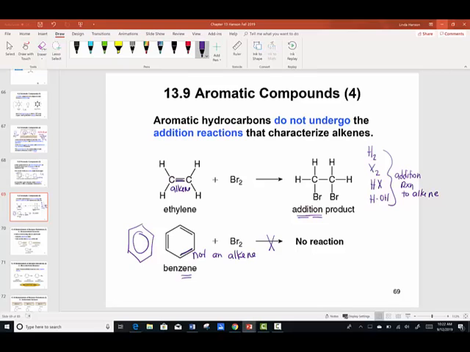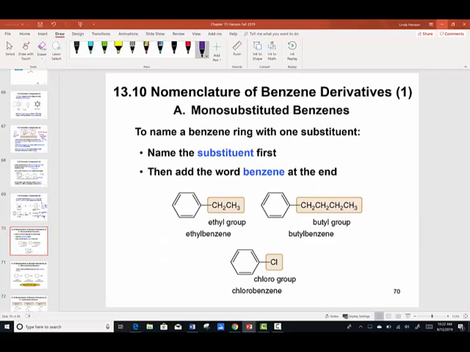Now in a moment, when we get that far, it will undergo substitution, and we'll practice those, but no to addition. There are no addition reactions for benzene because they are not true double bonds, but we are allowed to do substitution reactions just as the alkane family also performed, and that was from chapter 12.